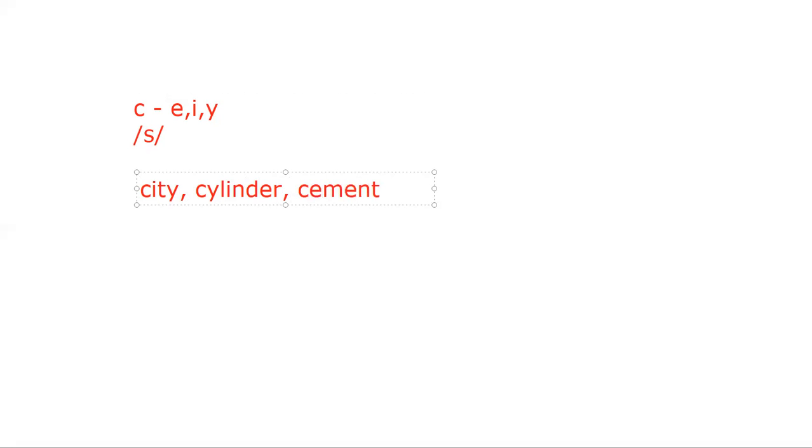So if C is followed by E, I or Y, then it gives the sound of letter S. And if it is followed by A, O or U, then it gives the K sound, like cat and cot and cut, right?